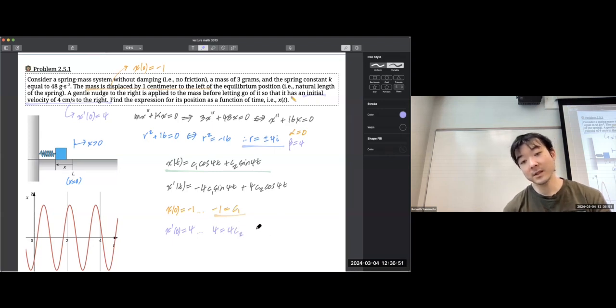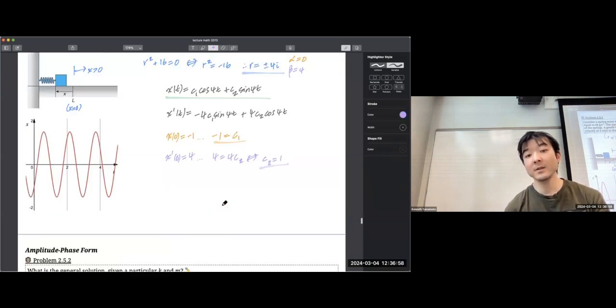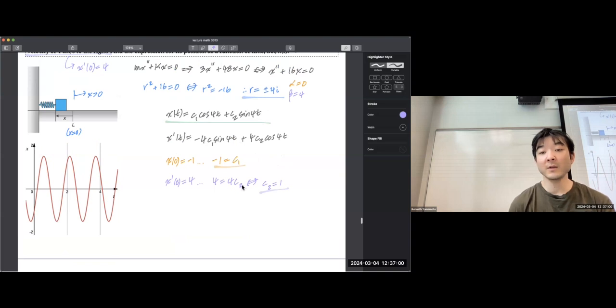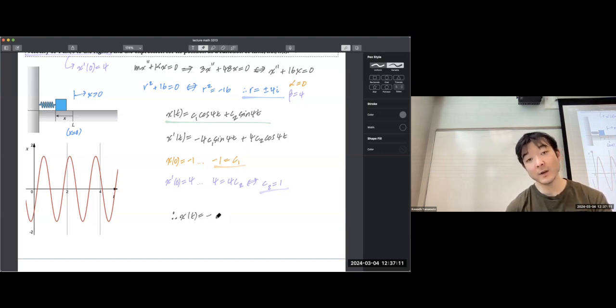So this just means that c2 is equal to 1. And then with that, you can find the full solution. It's just going to equal x of t is equal to negative cosine of 4t plus, c2 is 1, so sine of 4t.